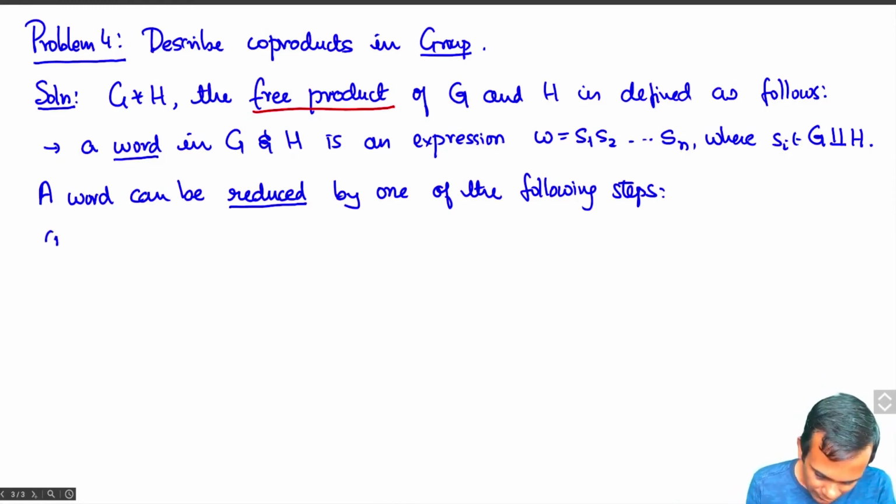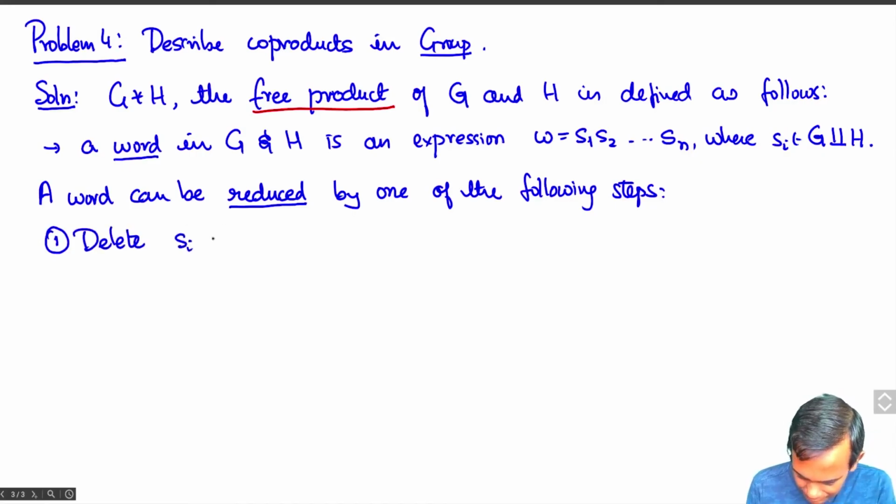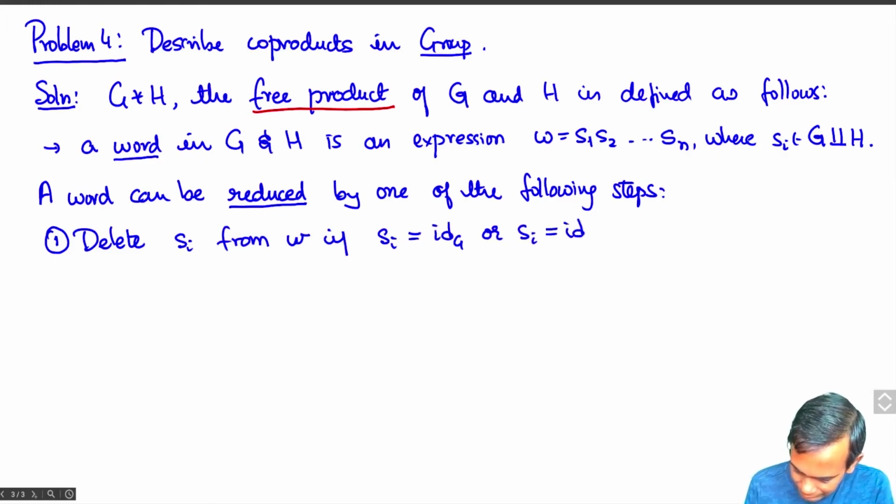The first one is to delete Si from W if Si is equal to the identity of G or Si is equal to the identity of H. That's the first thing you're allowed to do to reduce a word.